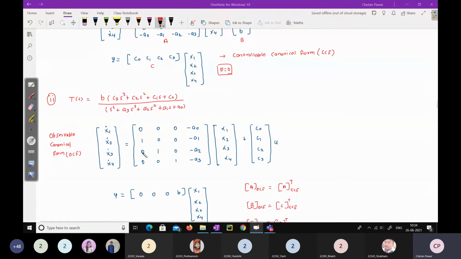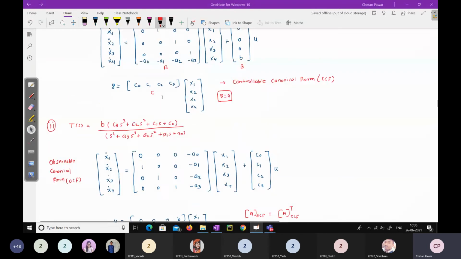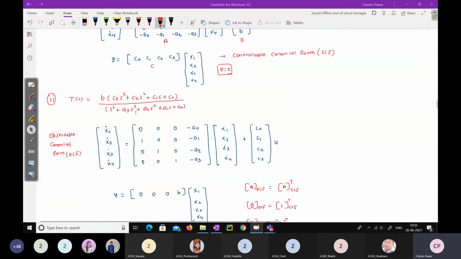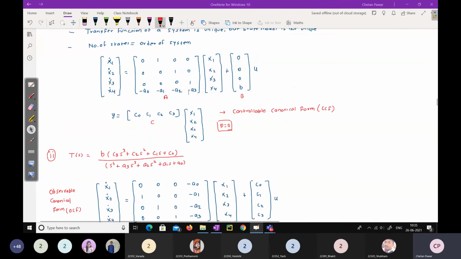Now here also the same transfer function is given as the previous one, but we need to represent it using an observable canonical form. If you know the controllable canonical form, you can easily find the observable canonical form.